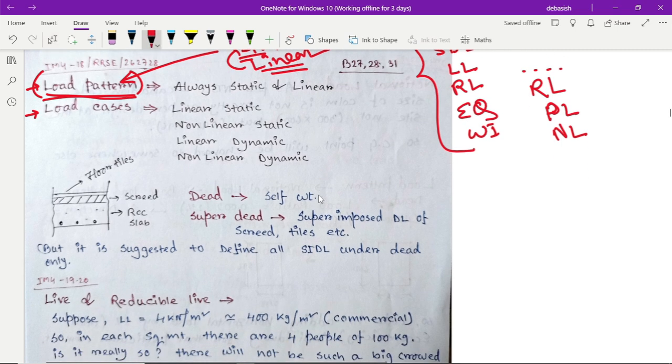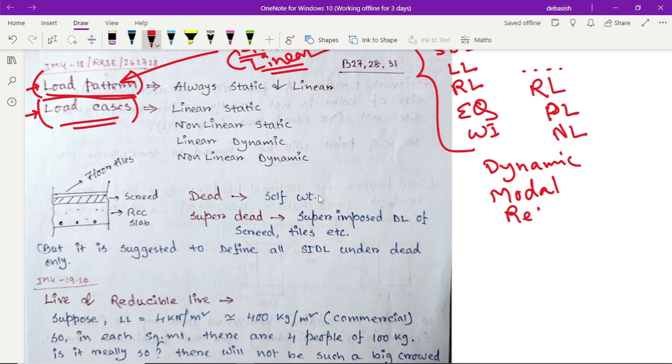But with the help of load cases, we can define dynamic load, whether it may be linear dynamic or non-linear dynamic. Modal analysis we can also do with the help of load cases.